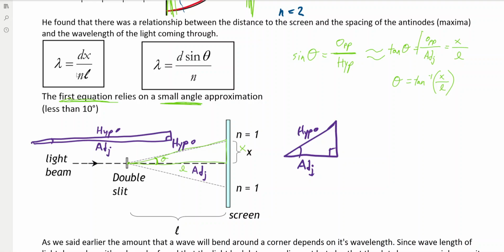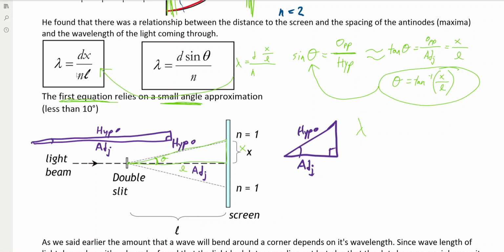And so they just put this in instead of sine theta: d over n, and then instead of sine theta, they put x over L, which you can see simplifies to that, just putting the L on the bottom. But we know that to not be true, unless it's a small angle and a fair approximation. What we do instead is solve for theta and then put it in for theta, and then we can get the right answer.